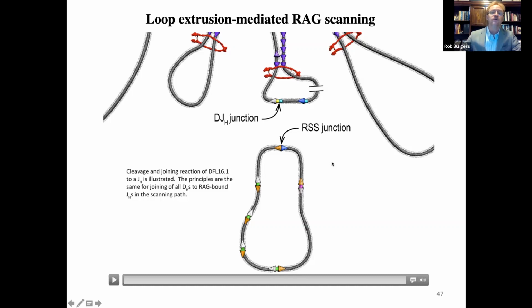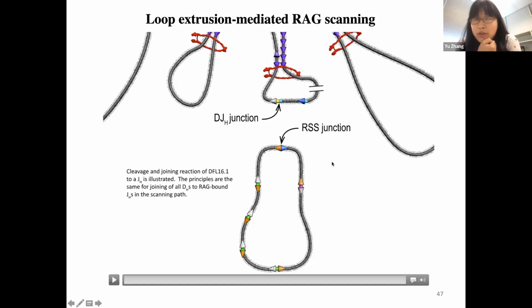So I guess if you remove cohesin, what happens? If you remove cohesin, it actually abolishes V(D)J recombination. So it's an essential molecule then. Yeah, it's very essential. It abolishes recombination that requires RAG scanning because RAG cannot reach its targets.